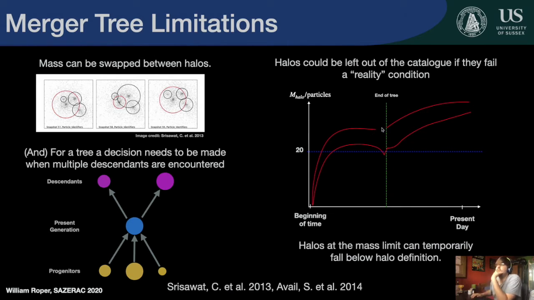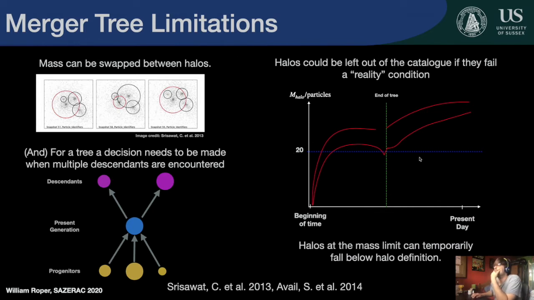It's entirely possible that, due to environmental effects, mergers and so on, a halo could drop out of the catalog. So you could be tracing a halo back in time down this red curve, and reach a point where there's no halo to step to. As far as the tree is aware, that is the point at which this halo formed. But in actual fact, there was just this void where the halo finder decided that this halo wasn't real. If you were able to see that halo, you'd be able to track its evolution right back to the point that it formed.